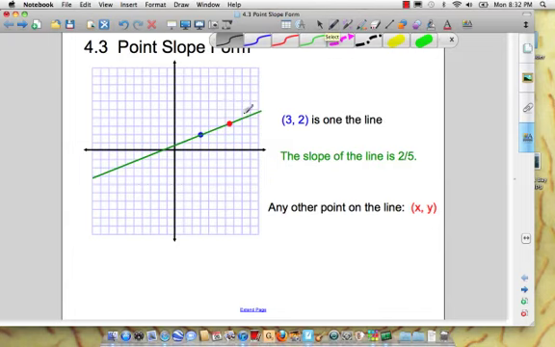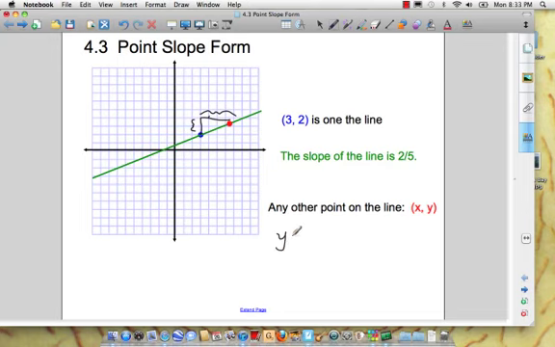If we make a slope triangle and we look at this triangle right here, we could find the rise and the run by doing this: y minus 2 over x minus 3. So that's this coordinate minus that one, y minus 2, over x minus 3. And you'll remember from last time that that should be the slope, which I've told you is 2/5.